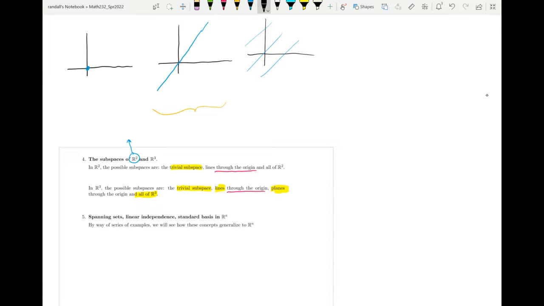Good. So now we can make a sketch. Let me just do it up here, just to show you visually why a line that doesn't go through the origin is not a subspace. It's not closed under vector addition. So here are 2 vectors, 2 points on that line. They're pointing to positions on the line.